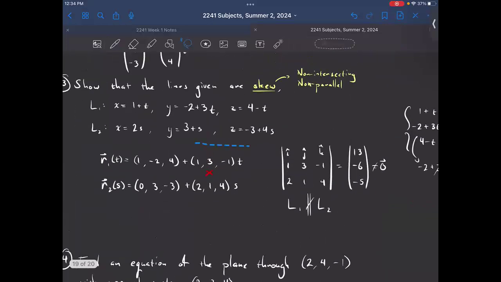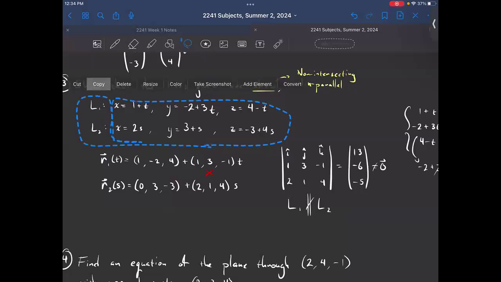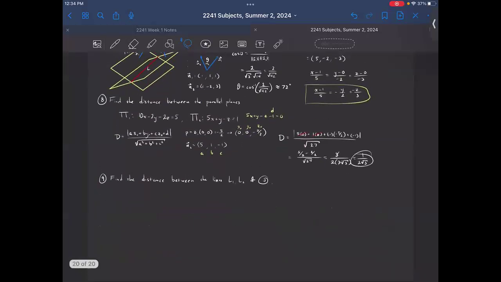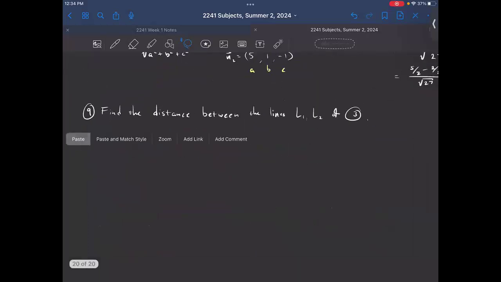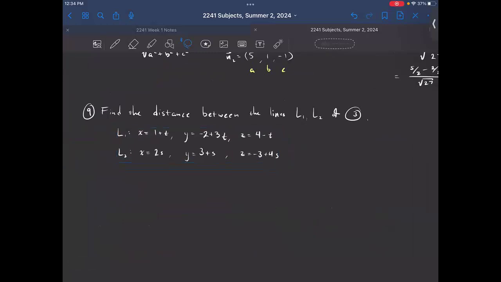Copy paste them here. Okay, so paste and go. All right, so here are our lines, and we want to find the distance between these guys. So they're not intersecting and they're not parallel.